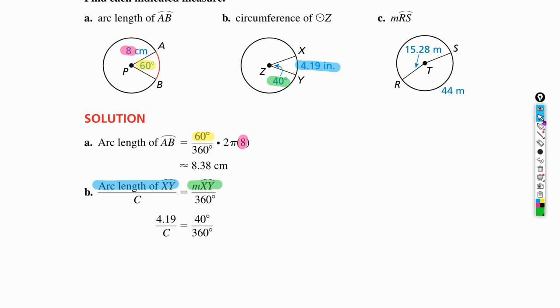So you can see that that's here, the 40 degrees and the 4.19. Okay, cross multiply, but they're going to actually reduce 40 over 360 to 1/9. Okay, so then when they cross multiply, they just get C equals whatever 9 times 4.19 is, which is 37.71.